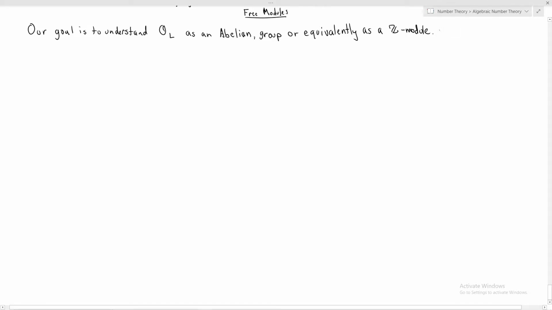So we'll eventually prove the following theorem. Let L be a finite extension of Q of degree m.